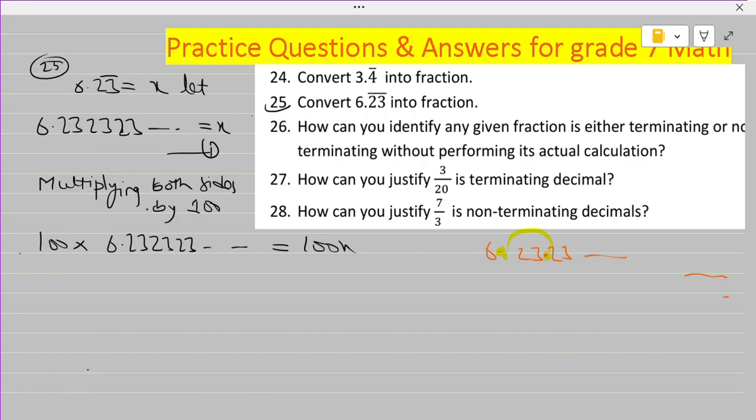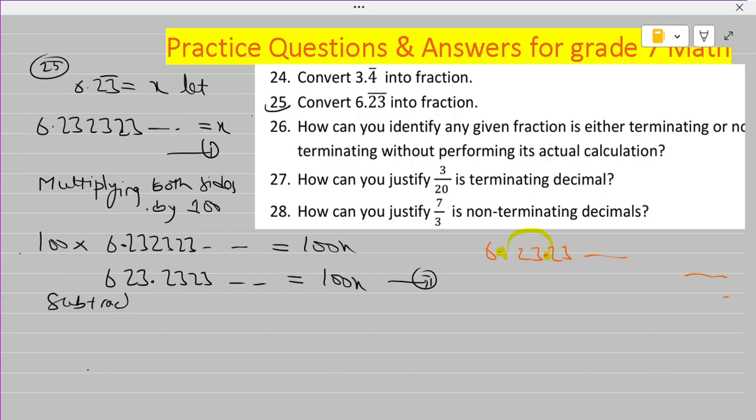And when we multiply the number 6.2323 by 100, the decimal will shift by 2 digits from left to right, so 6 becomes 623, and the decimal part 2323 like that. So that is equal to 100x, and this we take as equation number 2. Another thing is that the first equation we have to subtract from the second equation.